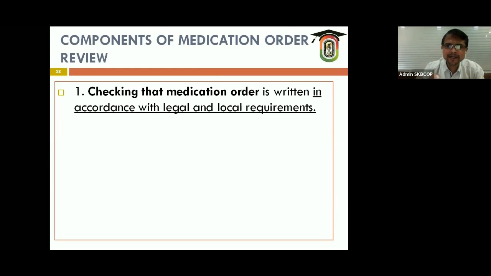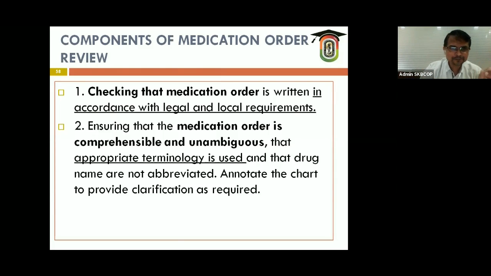And local requirement is that a particular hospital will have certain policies as far as writing the order or the prescription is concerned. So whether the local and legal requirements are being satisfied or not, this is the very first task under the review.